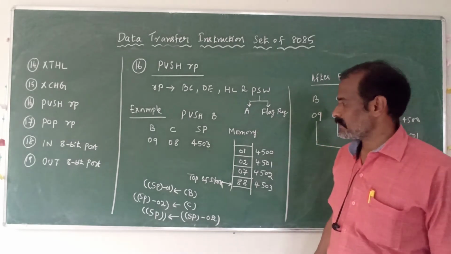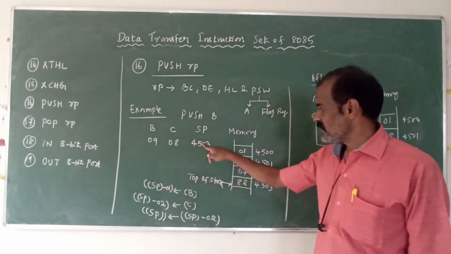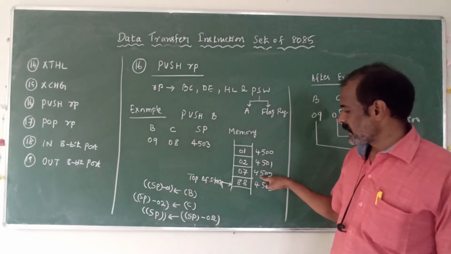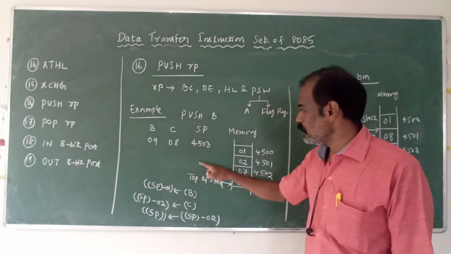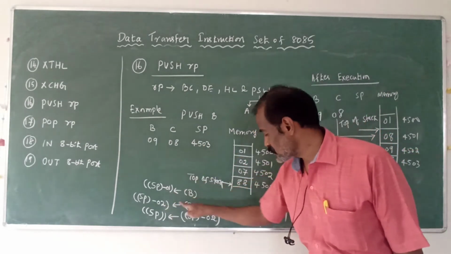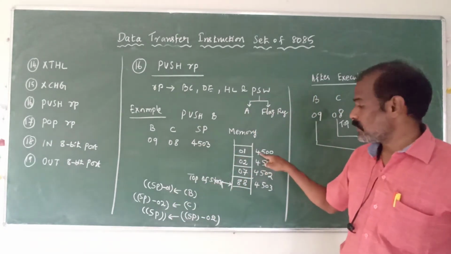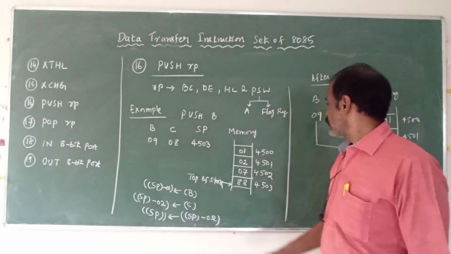It is moved to be stored temporarily in the stack. The B register data is moved to the stack pointer address -1 location, and the C register data is moved to the stack pointer address -2 location. Now this is the top of the stack.